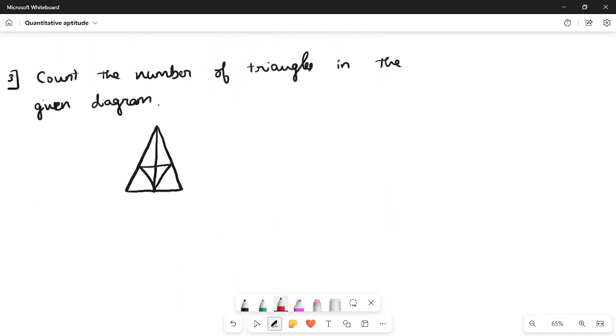Here is one more. You have to count the number of triangles in this. So the best way to solve this is giving names to the vertices. I'm taking the center as, say, O. Now we'll go for naming and listing out, or you can just directly write the names inside the triangle.